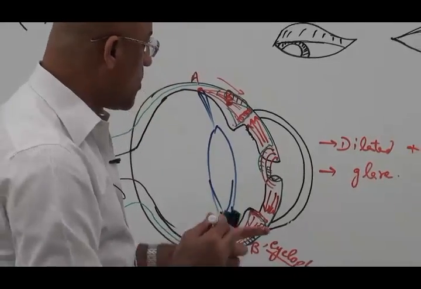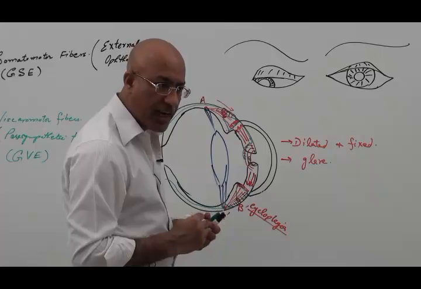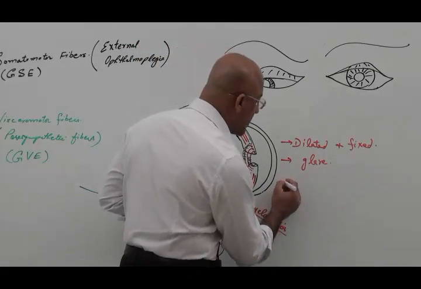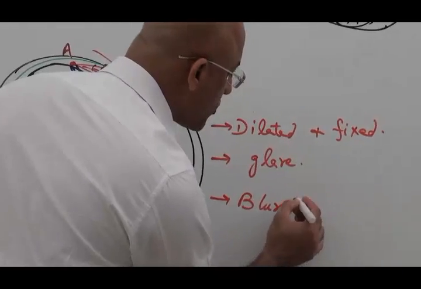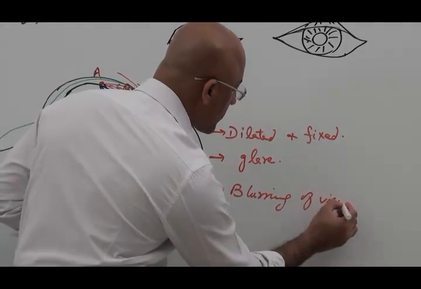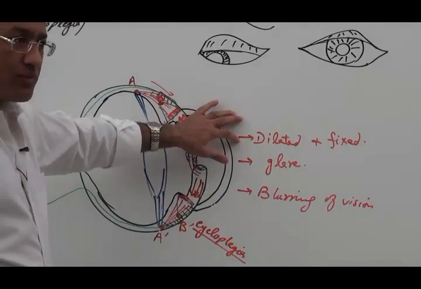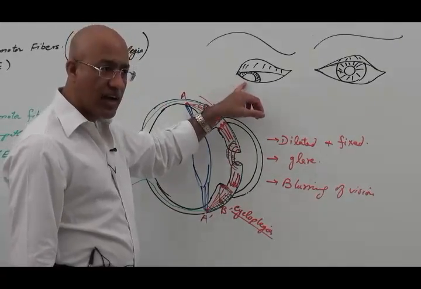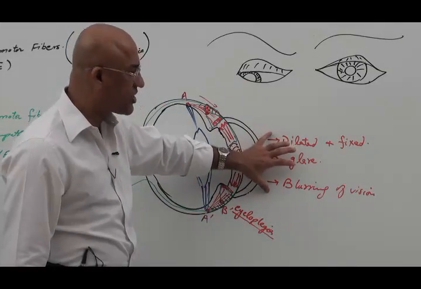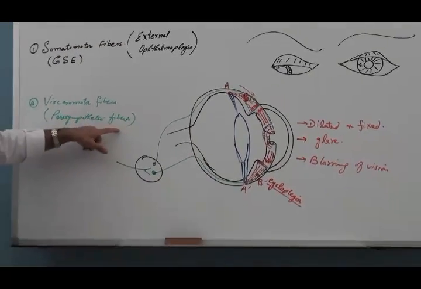And third thing, when there is cycloplegia, a person cannot focus well on objects according to their distance, and that may lead to blurring of vision. Now, a dilated fixed pupil with glare of light and blurring of vision in this eye, if these features are present, it means that there is failure of parasympathetic fibers.